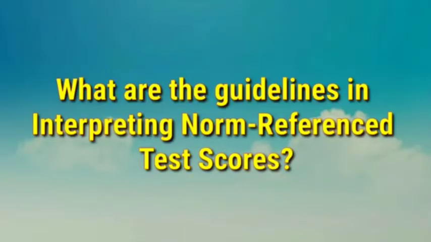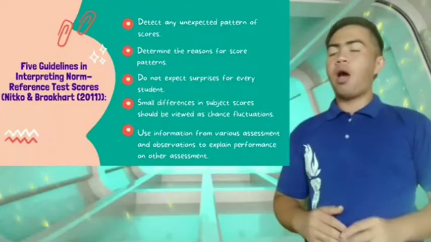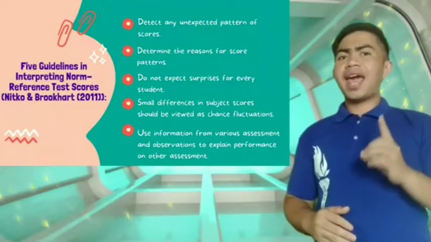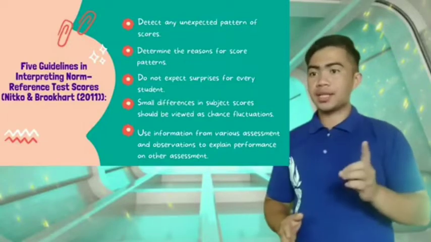What are the guidelines in interpreting norm reference test scores? According to Nitko and Brookhart 2011, there are 5 guidelines in interpreting norm reference test scores. First, detect any unexpected patterns of scores.